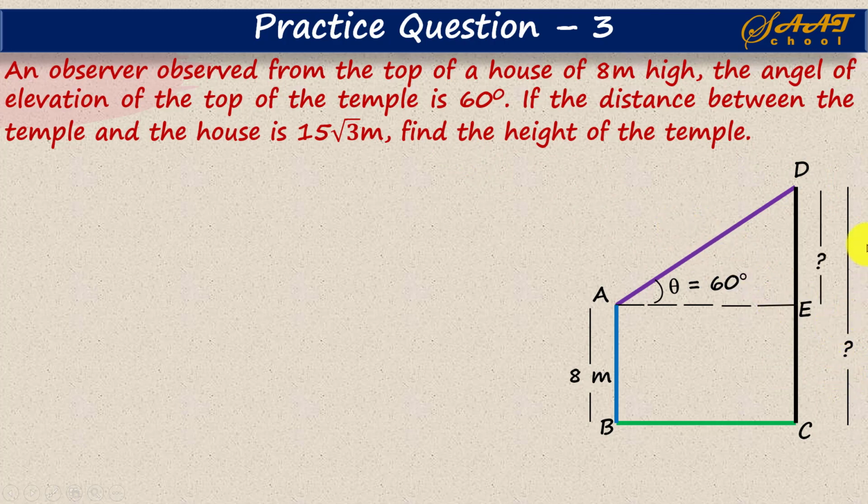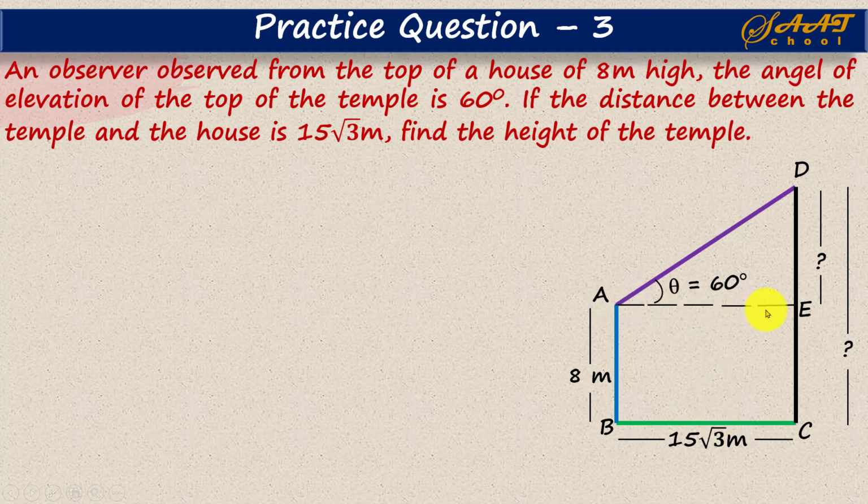So to find the height of the temple, the first step is to find this portion, which is DE. We have here the distance between house and temple, which is 15 square root of 3 meters. As we discussed earlier, these opposite sides are equal, meaning the length of AE is also 15 square root of 3 meters.